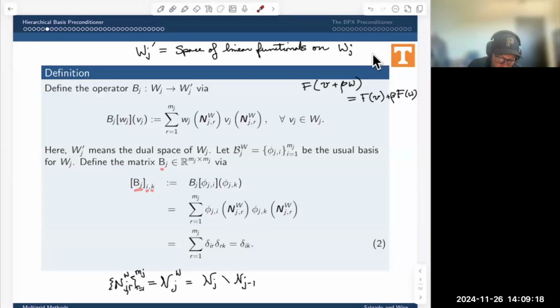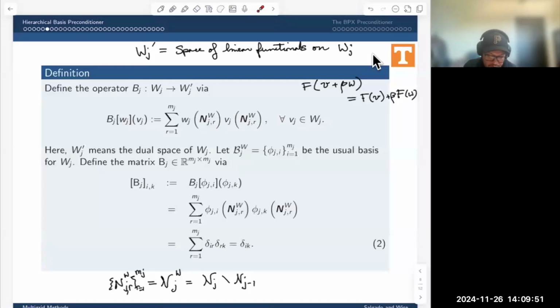Ith row, kth column. Well, that's going to be given to us by using this operator up here and putting in, for the first entry, instead of wj, phi ji, and in the second entry, phi jk. And the way we define these two things is the sum over the evaluations of these things at the nodal points.